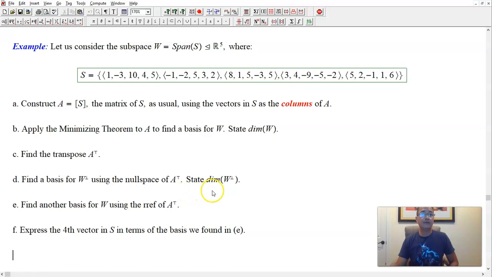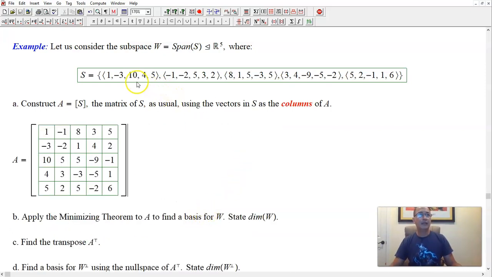And because of this, we can find the dimension of W perp. We are going to find a second basis for W using the REF for A transpose. So remember, that's just the non-zero rows of the REF. And as a nice icing on the cake, we will express the fourth vector of S as a linear combination of the basis vectors that we find in E.